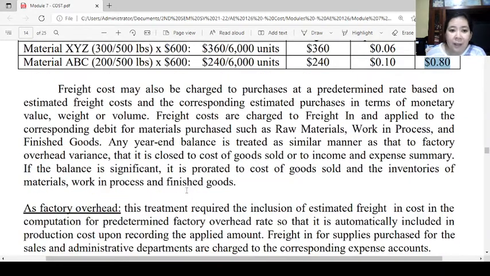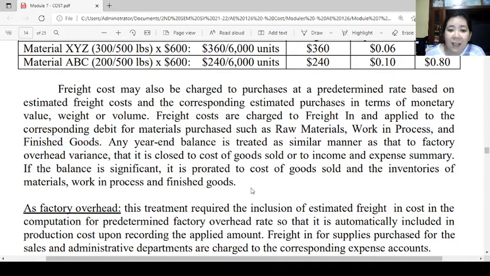Okay. So freight cost may also be charged to purchases at a predetermined rate. You can use estimated purchases in terms of monetary value, weight, or volume. Okay, so freight costs are charged to our freight in, and applied to the corresponding debit for raw materials, work in process, and finished goods respectively.